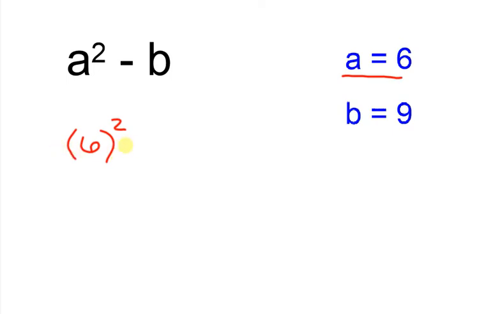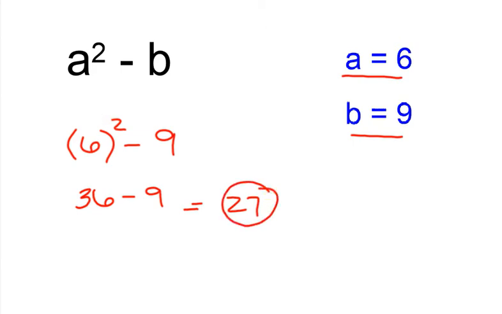So it's very important we put it in parentheses. Minus, and then instead of b, we're going to write (9). Now, order of operations tells us to do exponents first. So 6 to the second power is 36 minus 9. And 36 minus 9 is going to give us 27.